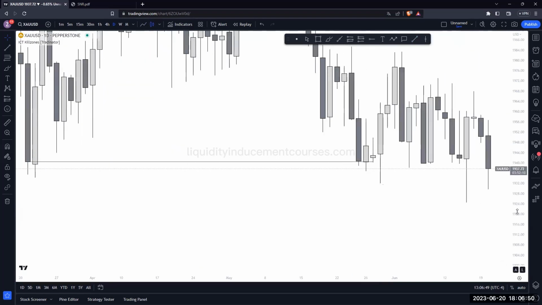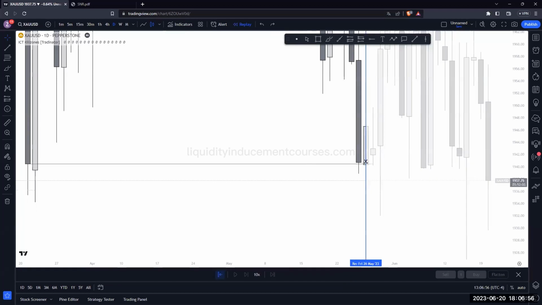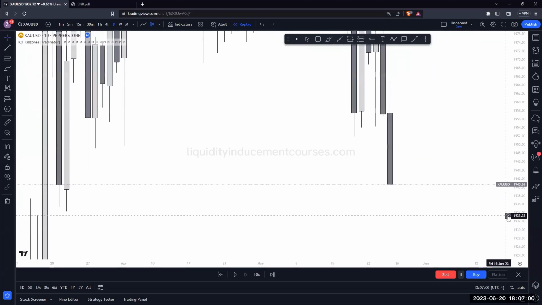As you can see here, it got wicked. That's a wick, right? It's unfresh. It's not fresh. It does not mean we do not use it, but you can say for now that we don't use it. So the unfresh is bad.